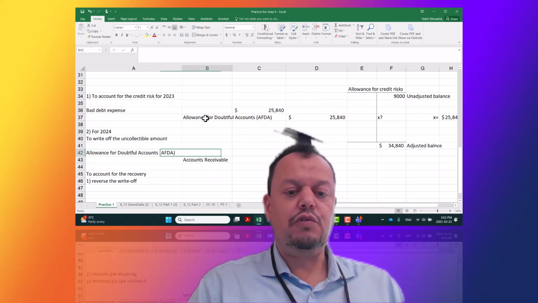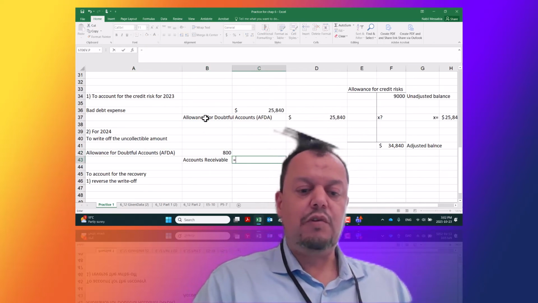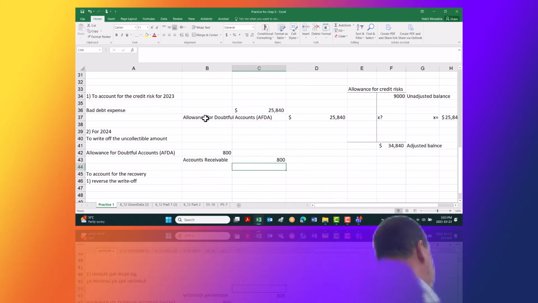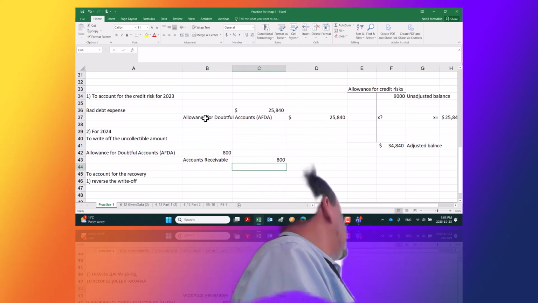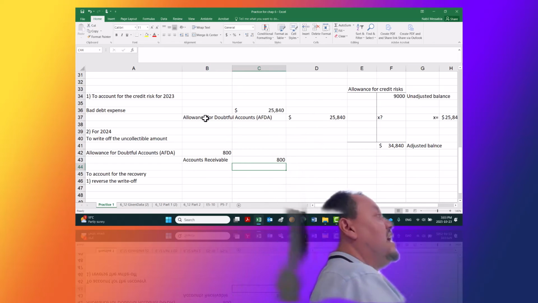This is how you account for write-off. When we do this, we are making a write-off. So this receivable is removed, and we debit, we reduce the allowance. That is the provision.